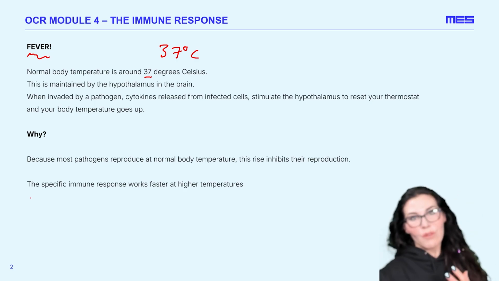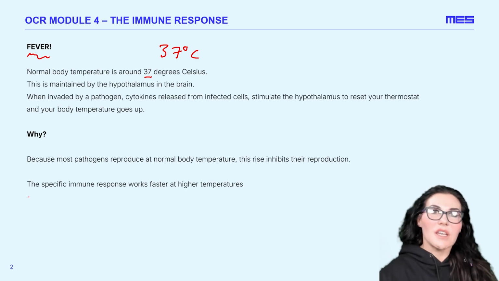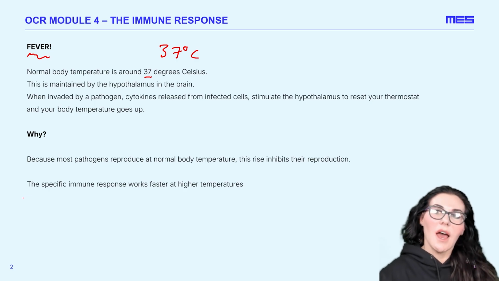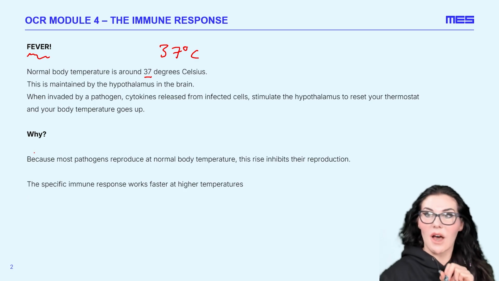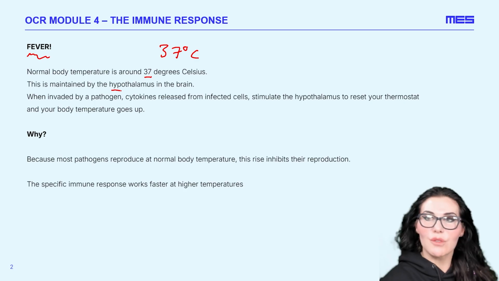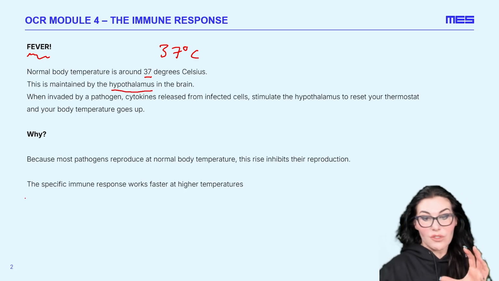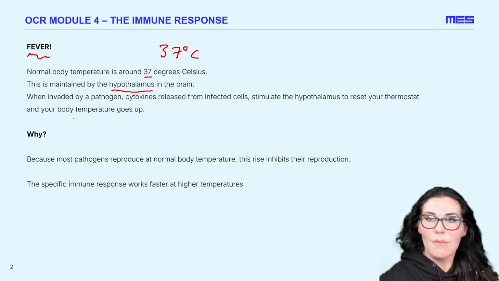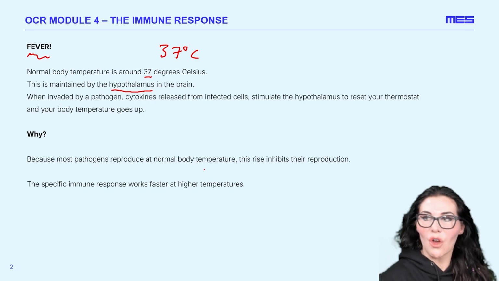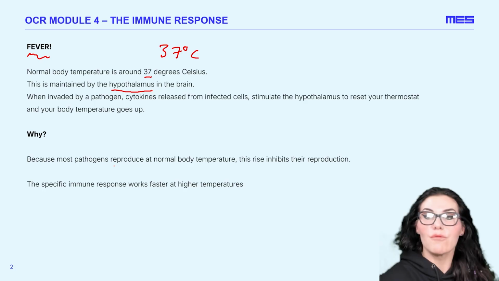However, when we are infected by a microbe, purposefully, our body temperature rises slightly, and that's because we want two things to happen as a consequence of that. By the hypothalamus resetting your body temperature to slightly higher than it should be, not to the point it would kill you, but just slightly higher, it means that most pathogens are not going to be able to reproduce as effectively because they reproduce at their best at normal body temperature.